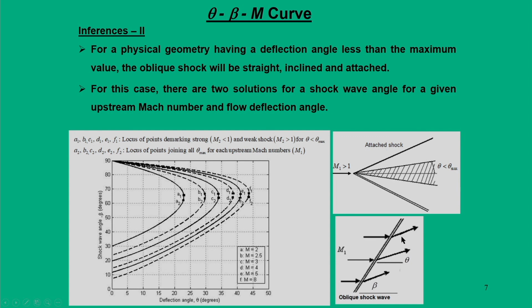Now, what will happen if the flow deflection angle is less than the theta max? Instead of the detached bow shock, now we will have an oblique shock solution, and it will remain attached to the body. The physical geometry has an angle which can turn the flow by an angle theta, whose value is less than the theta max. So, the flow can turn and the shock will remain attached.